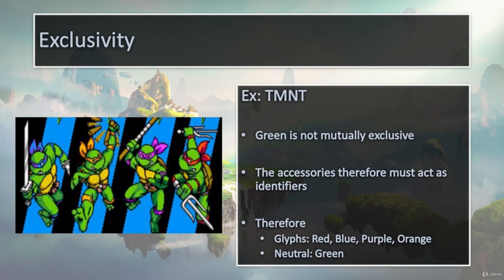And the neutral in this is green. Like I said, this green would be open ground. Green is something that we are not able to use to distinguish one from another, because it's used between all of them. So we have to use other color glyphs, which would be red, blue, purple, and orange. And keep in mind, those four colors are still part of the primary and secondary ones.